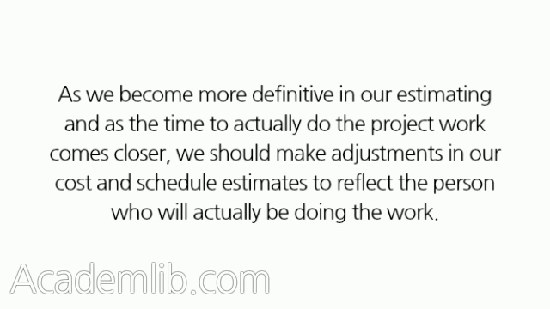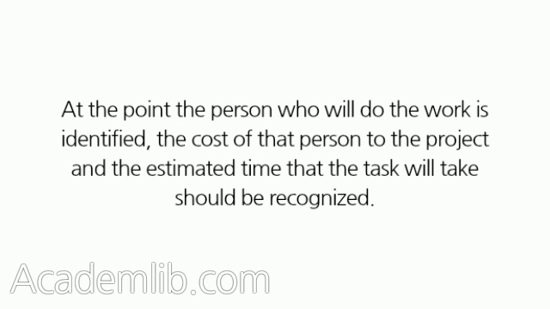As we become more definitive in our estimating and as the time to actually do the project work comes closer, we should make adjustments in our cost and schedule estimates to reflect the person who will actually be doing the work. At the point the person who will do the work is identified, the cost of that person to the project and the estimated time that the task will take should be recognized.